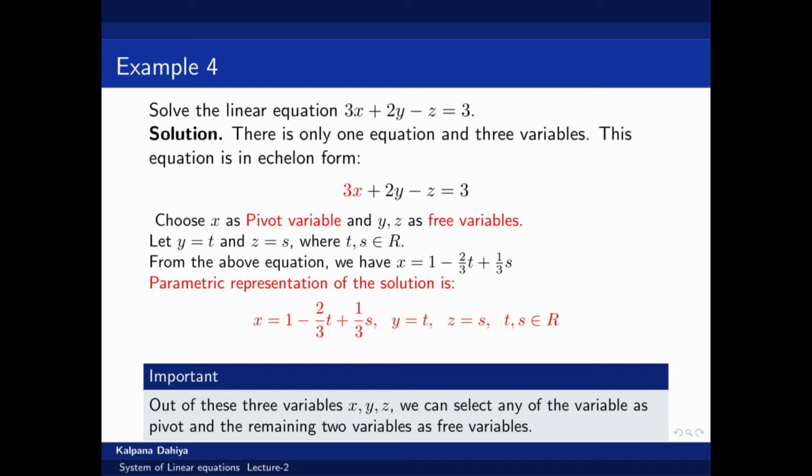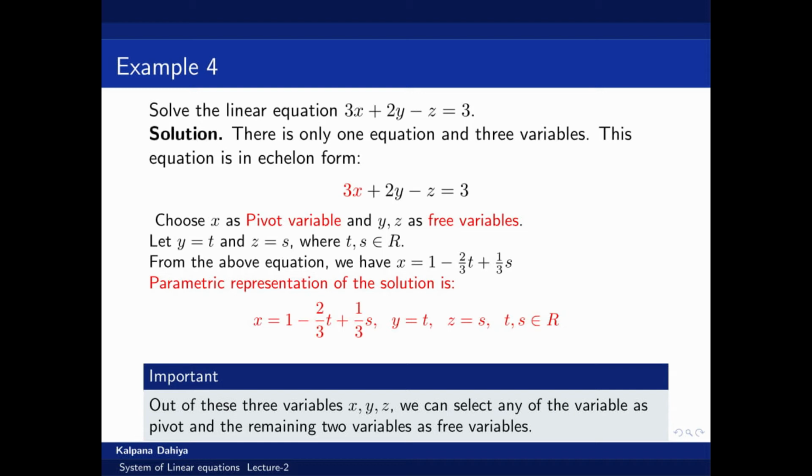So let y be t and z be s, where t and s are real numbers. Then using this equation, we can have x as 1 minus 2 by 3 t plus 1 by 3 s. So the parametric representation of the solution is defined as x is 1 minus 2 by 3t plus 1 by 3s, y is t, z equal to s, where t and s are real numbers.